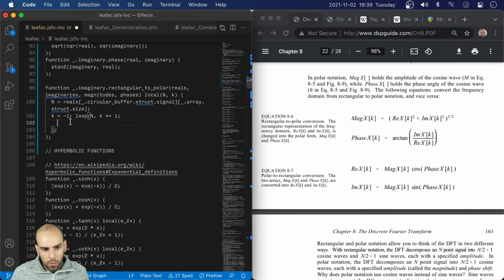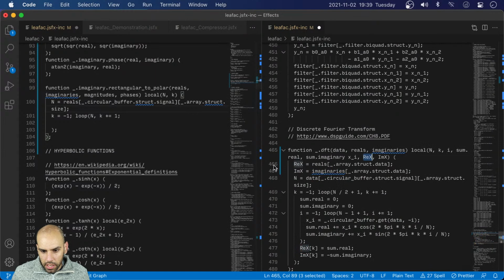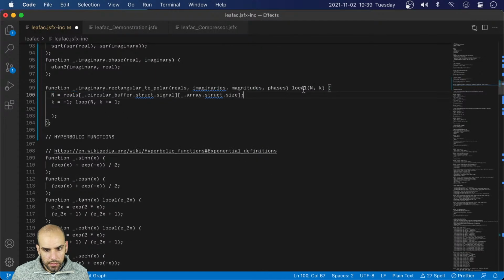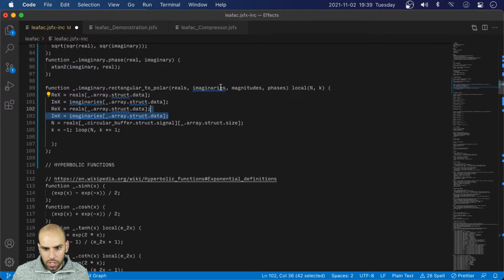And then what we are going to do is, well, we need to fetch these guys again. We'll also need to fetch, so these need to be local variables, re(x) and imaginary x, and mag x, and phase x.